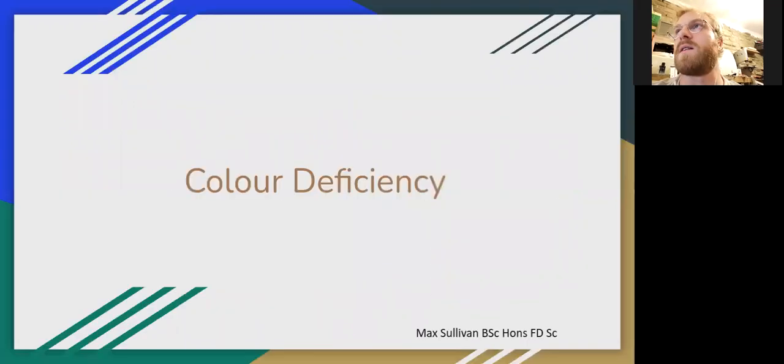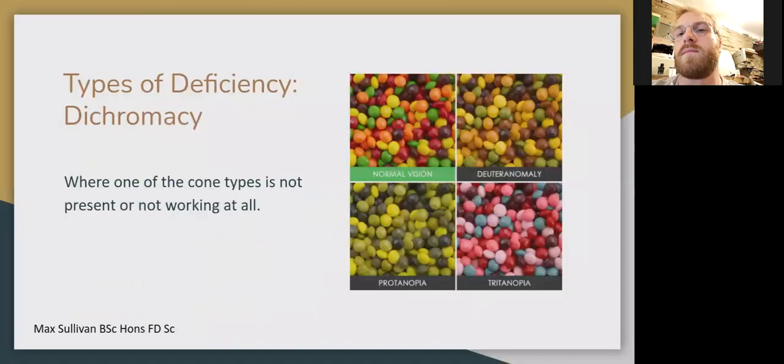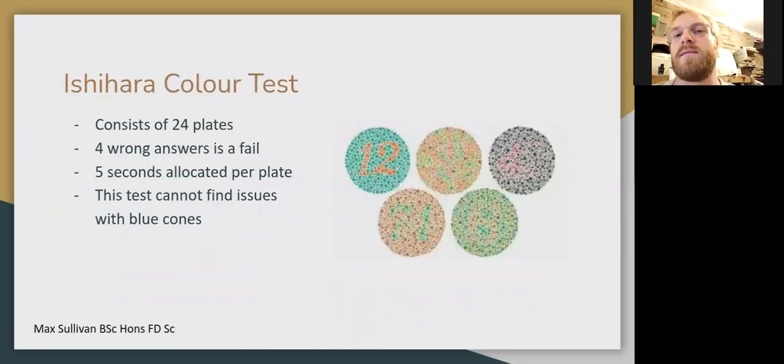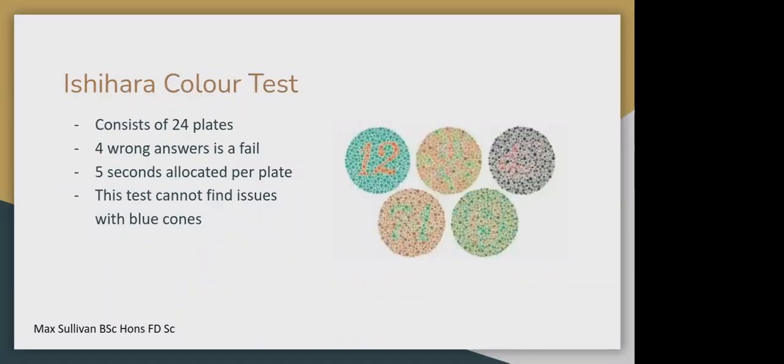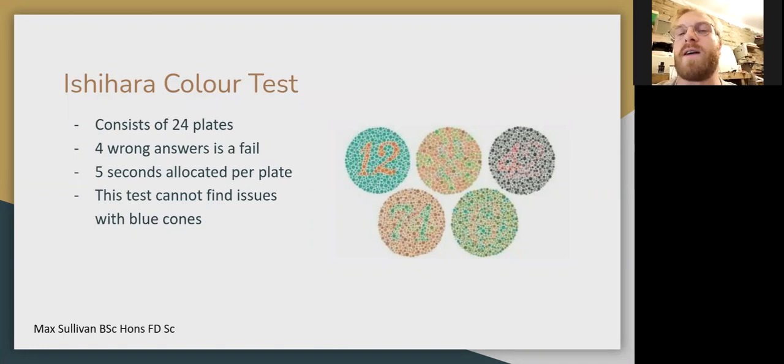sort of thinking about where Ishihara comes from, I'll admit I've Googled it. Shinobu Ishihara is the creator of this test. He was a Japanese optometrist, and apparently an army surgeon.